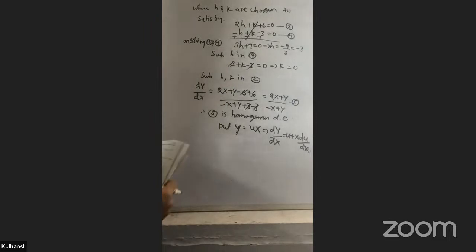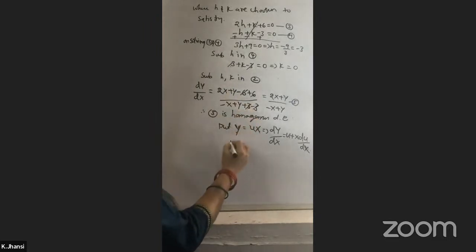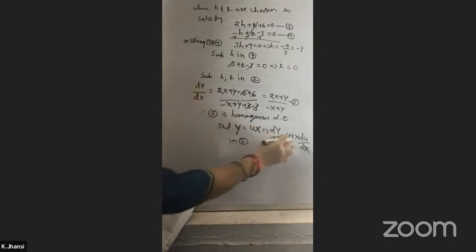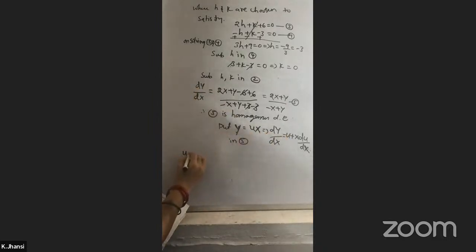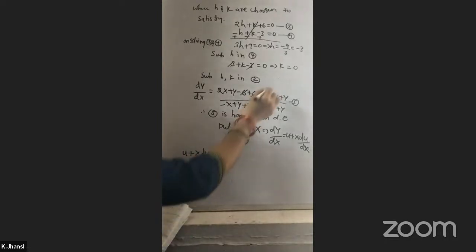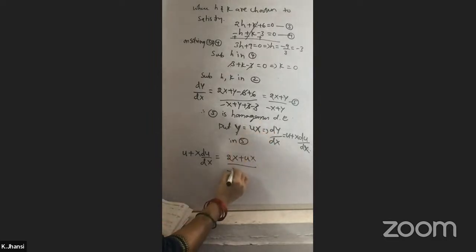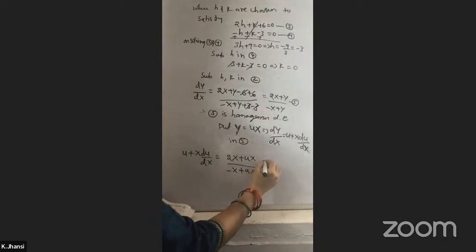Now substitute in the y. Okay. So dy by dx, what will it become? u plus x into du by dx is equals to 2 into x plus y, which is u into x, by minus x plus y, which is u into x.